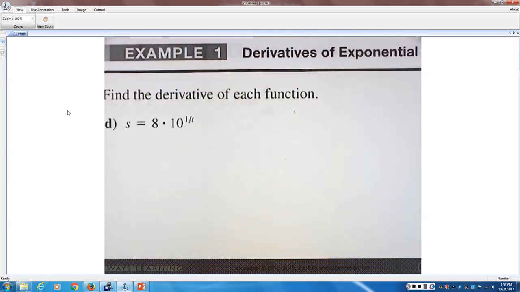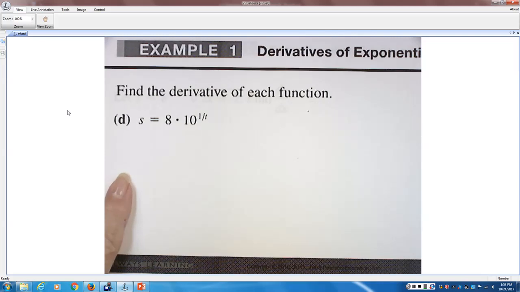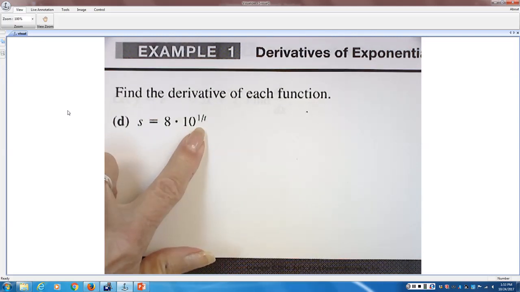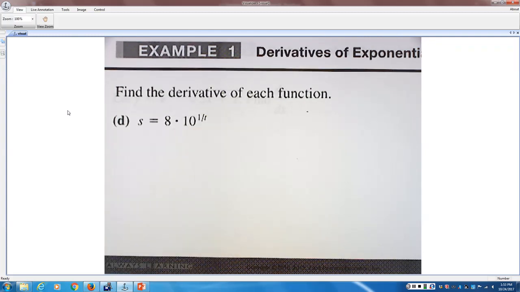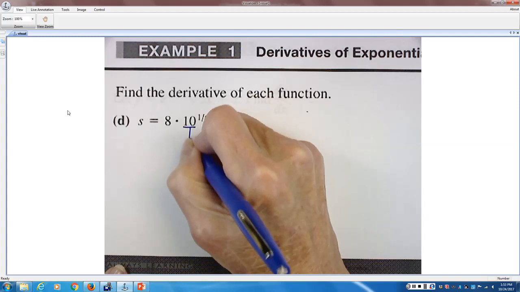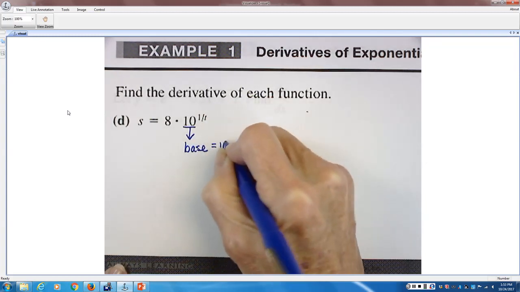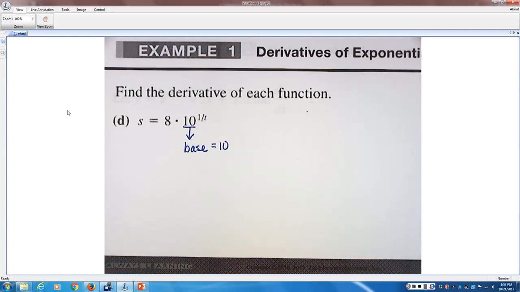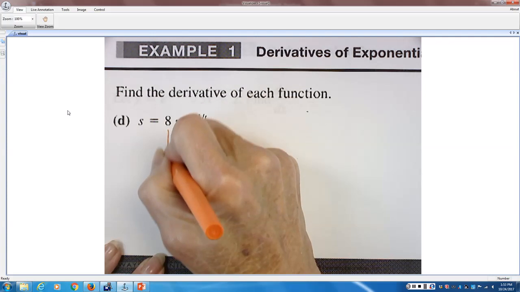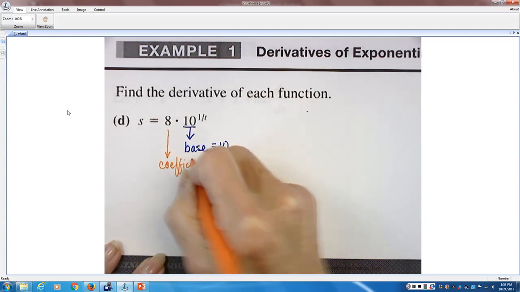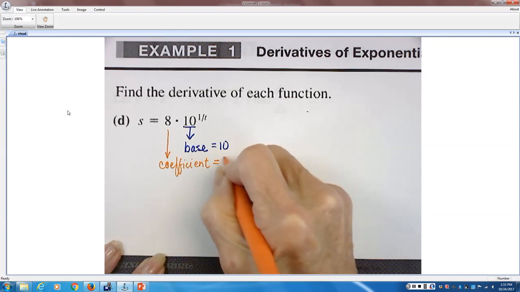Okay, now here's one that doesn't have an e. This one says s is equal to 8 times 10 to the 1 over t power. So here, your base is 10. Your coefficient, which is your hitchhiker, is 8.